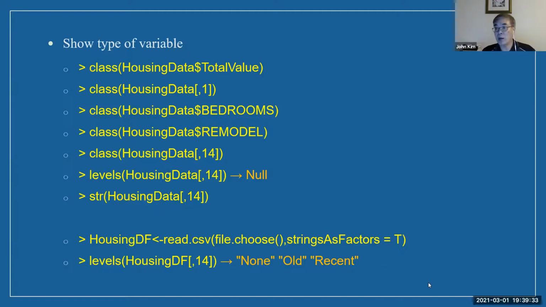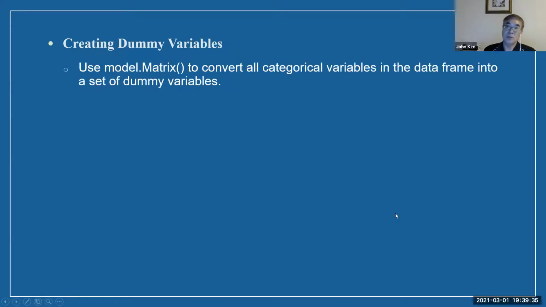In R, we create dummy variables, because there are 3 categories. Using the model.matrix function, we create 3 dummy variables: none variable, old variable, recent variable. So let's try.